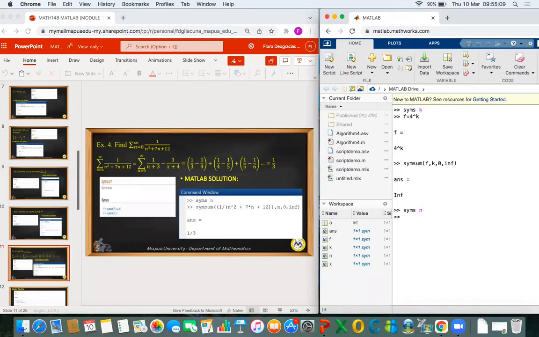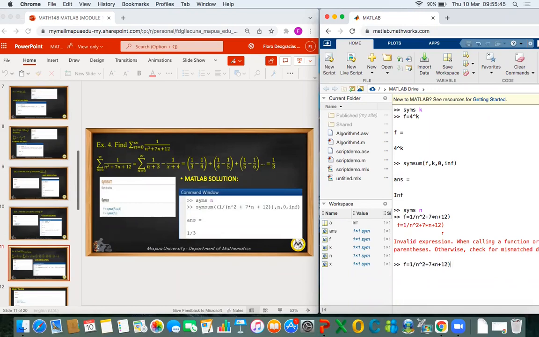Then after that, you now have to define the function f equals 1 all over n^2 plus 7*n plus 12. Let us check the output, class. It should be the same as what is written in the problem. So there's a missing parenthesis here, class. Sorry for that.